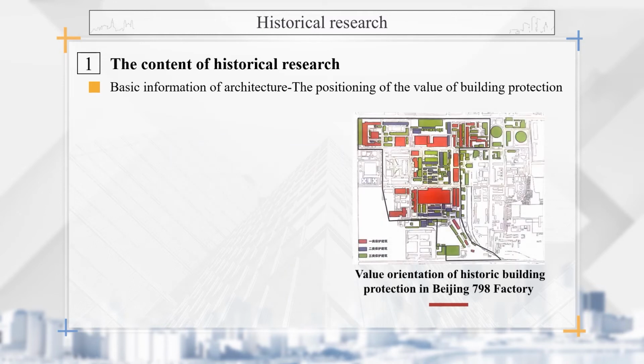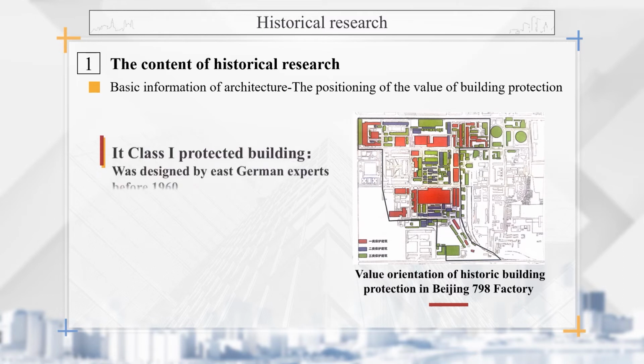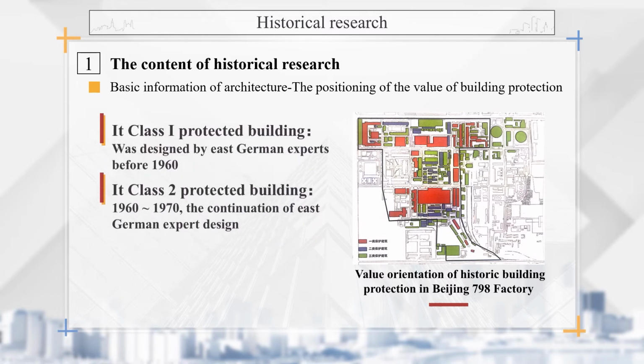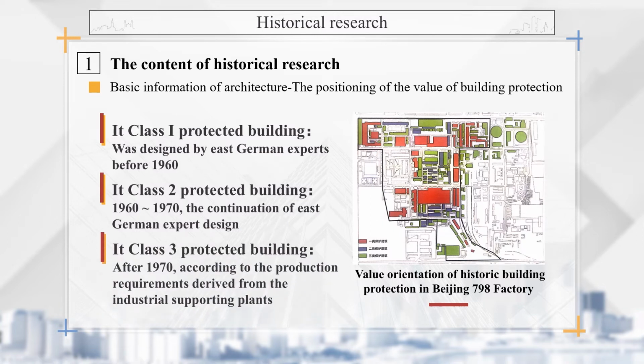Let's take Beijing 798 factory area as an example. It divided the historic buildings into 3 levels and set the value for each kind of protected buildings.